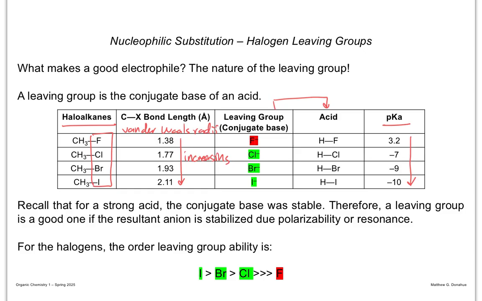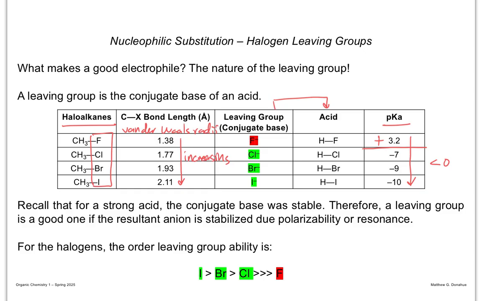And really the line that we want to pay attention to is where the sign inverts. So between fluorine and chlorine. So notice fluorine is a positive 3.2. Everything else is less than 0. So what makes a good leaving group?